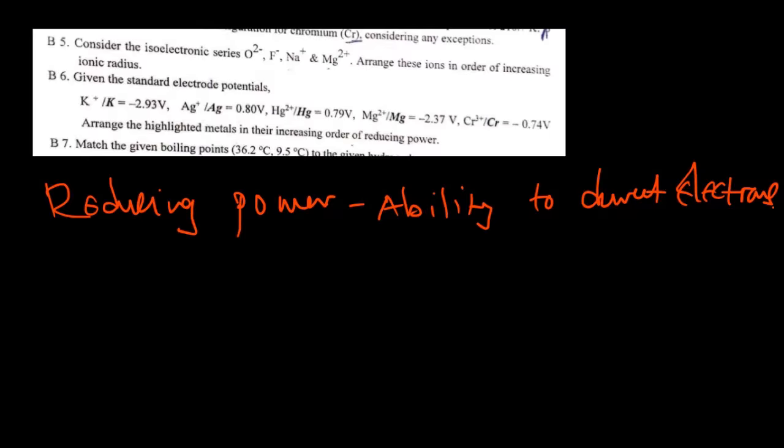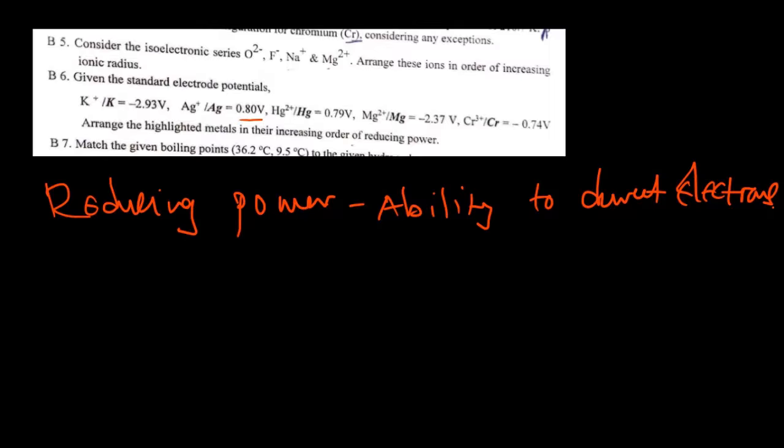If we start arranging these in increasing order, we are going to start with those metals that have a more positive electrode potential, and then go towards the negative. So the one with the lowest reducing power will be the one with the highest standard electrode potential. The one with the highest is this one here. We can see the 0.8 is the highest.